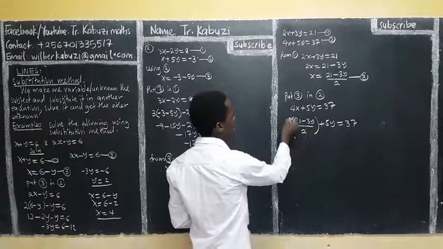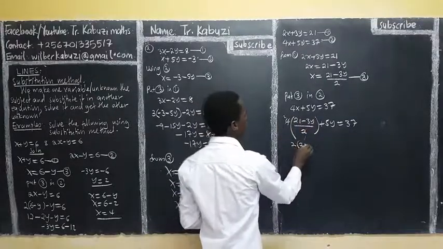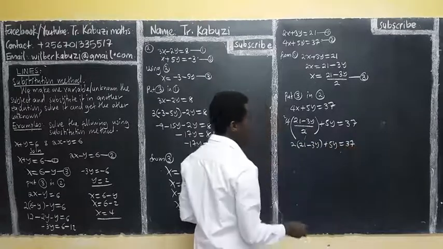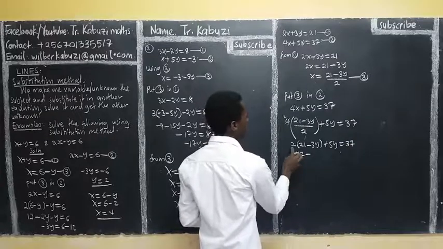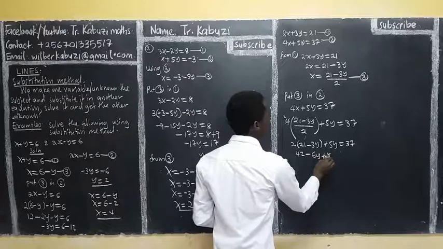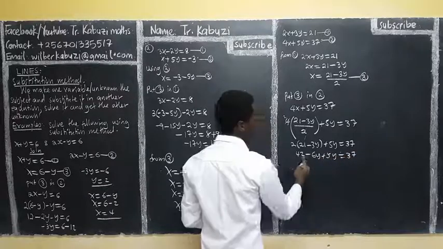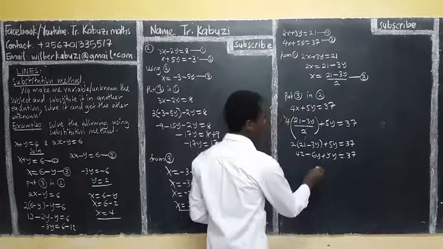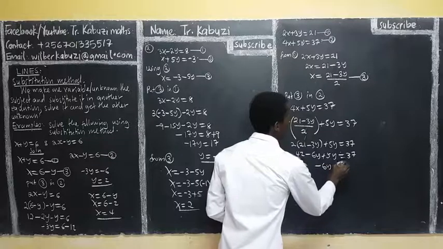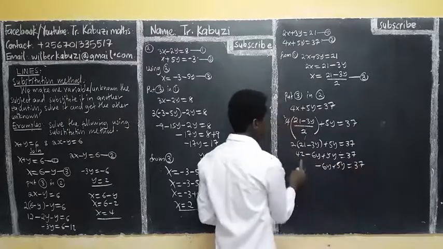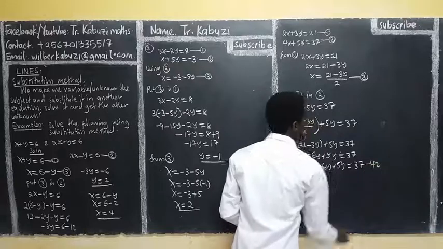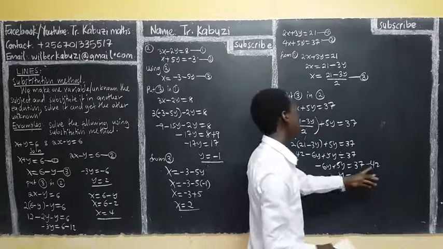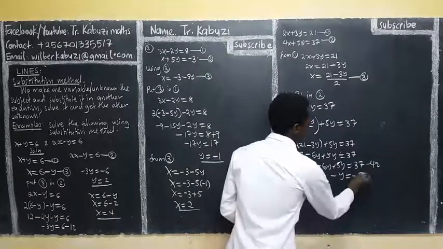See, by this 2, I have 2 into (21 minus 3y), plus 5y equals 7. Open brackets: we get 42 minus 6y plus 5y equals 7. Taking 42 to the other side, negative 6y plus 5y, we get negative y equals 7 minus 42, which is negative 35.